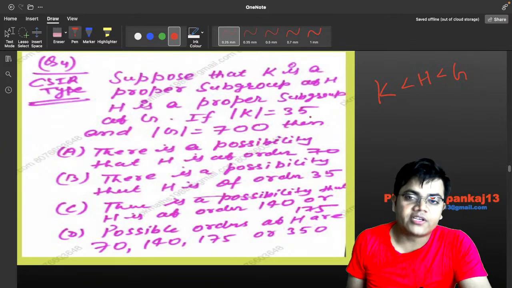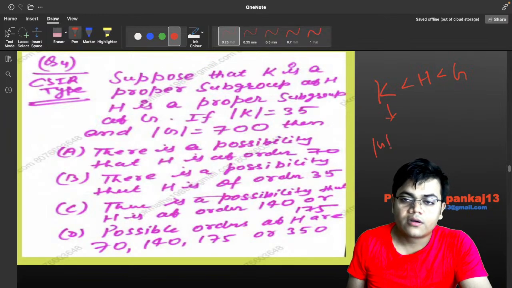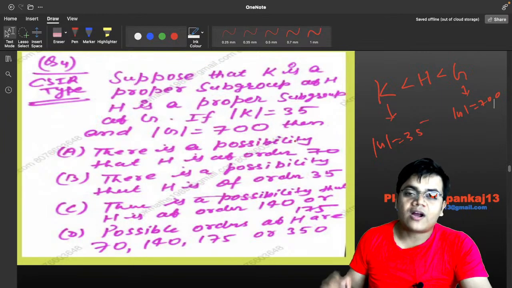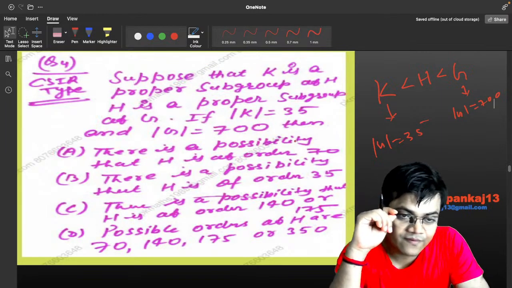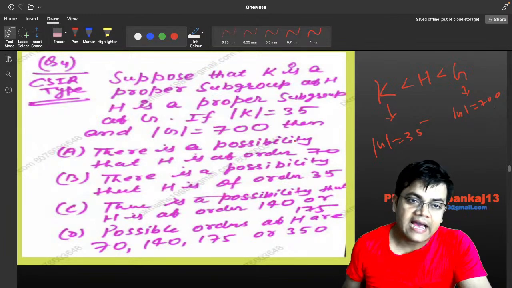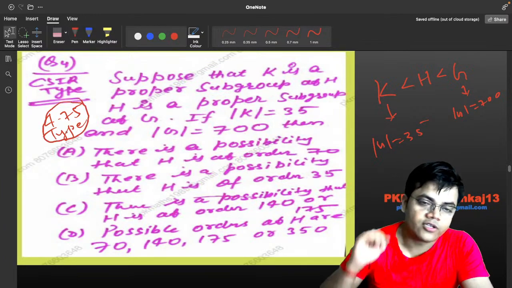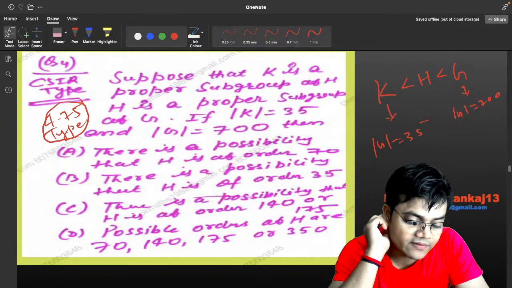If the order of K is equal to 35 and the order of G is 700, then what would you like to say? Four options are there, and I would like to say a 4.75 type question is here. Either you will get 0 or you will get 4.75.